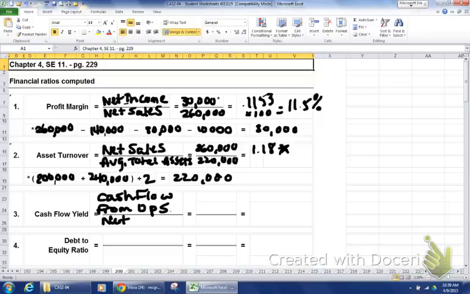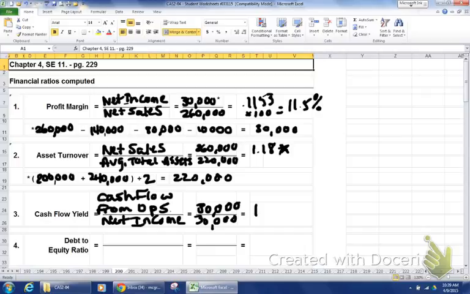And we're going to put as our denominator our net income. In this problem, the cash flow from operations is just listed in the problem, and that number is $30,000. And our denominator of net income is also $30,000.